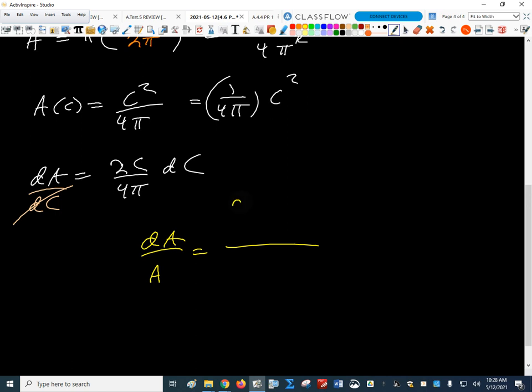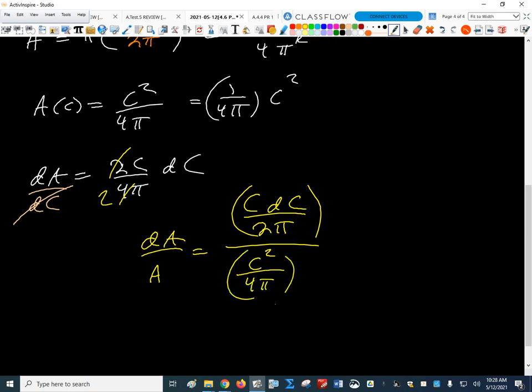On the top, I've got 2c, oh, actually, let's make that a 2, cancel a 2. So on the top, I've got c dc over 2 pi, right? On the bottom, I've got A, which is c squared over 4 pi.